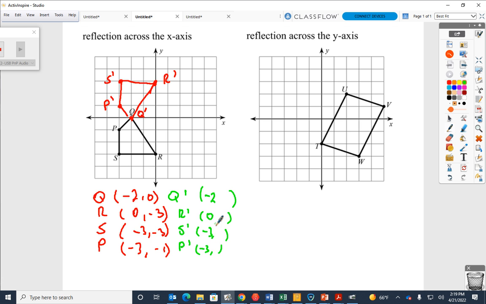But all my y values are going to be opposites. What's the opposite of 0? Still 0. What's the opposite of -3? 3. What's the opposite of -3? 3. What's the opposite of -1? 1. Now, these would be the exact points that are on this one. Does that make sense so far?